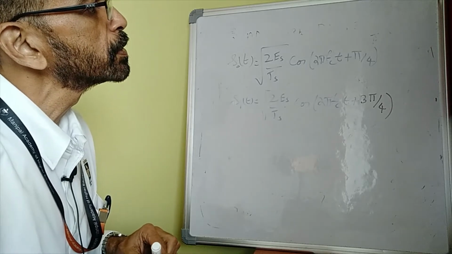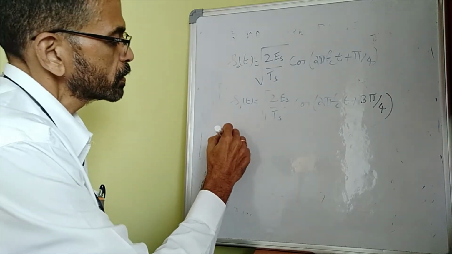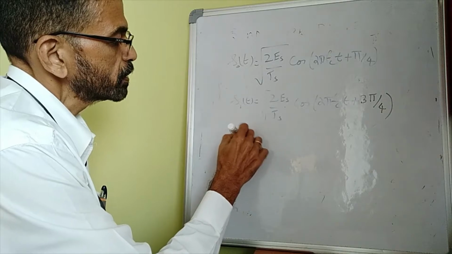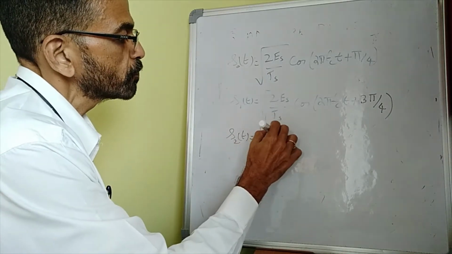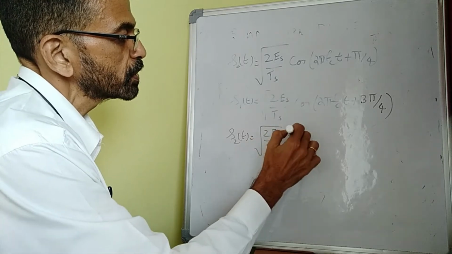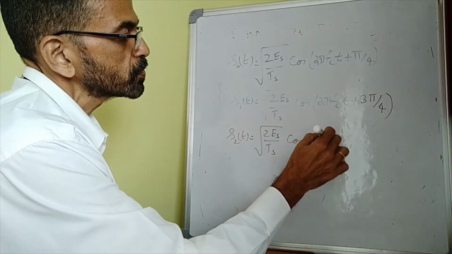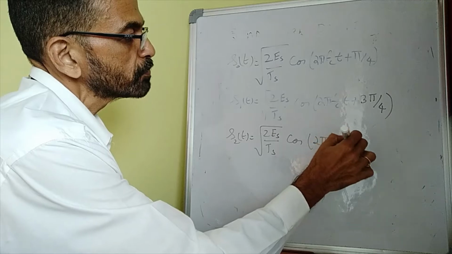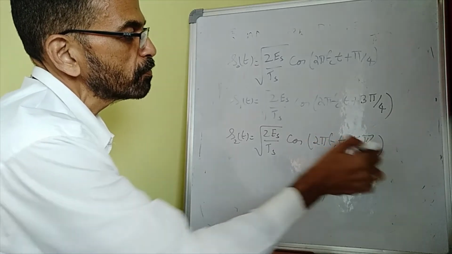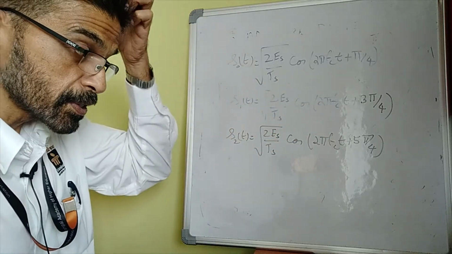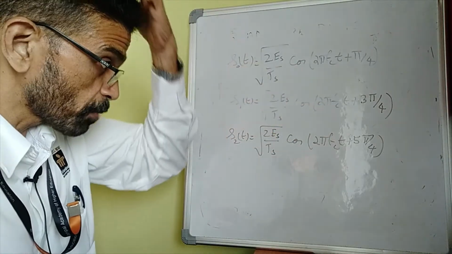And the third signal in the set will be root of 2Es by Ts cos(2 pi Fc t plus 5 pi by 4). Again, between these two you can see that there is a phase difference of pi by 2.